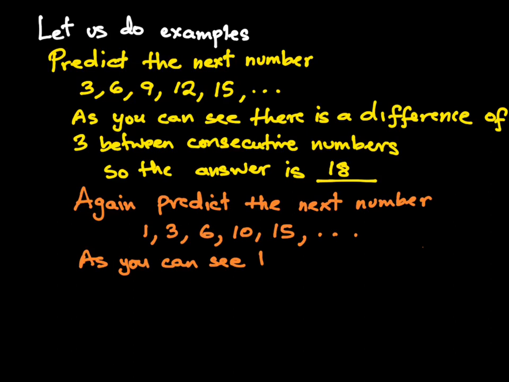As you can see, there's a difference of 2, then a difference of 3, then a difference of 4, and then a difference of 5.